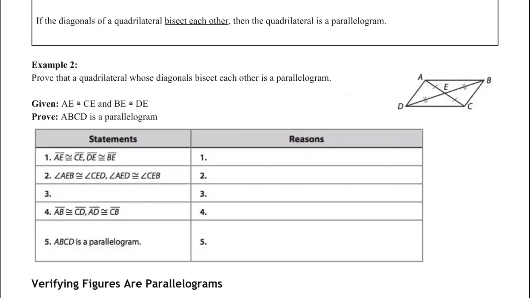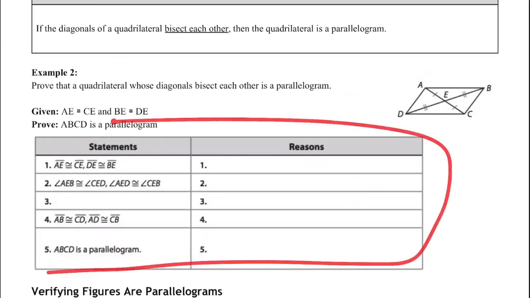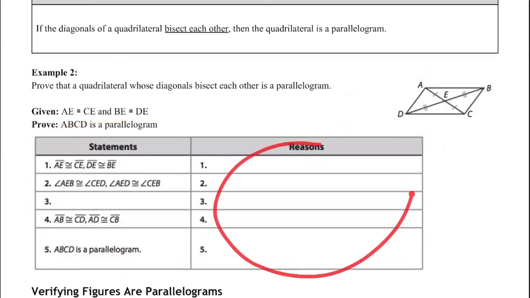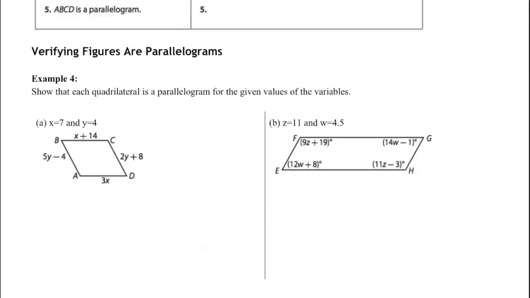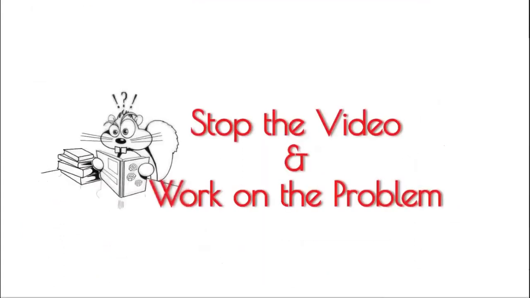And we have a guided proof over here. So it's your job to figure out what to say and then write that over here. Okie dokie. All right, guys. And then you have an example here to do. Why don't you give it a shot, stop the video, and work on the problem, guys.